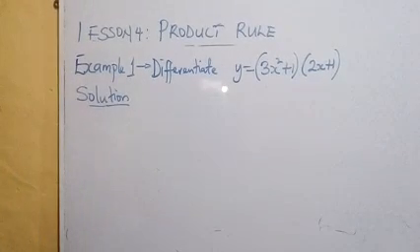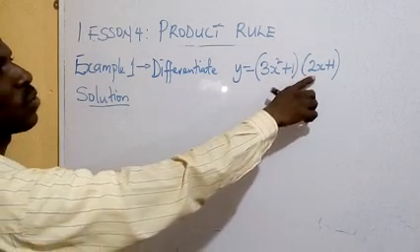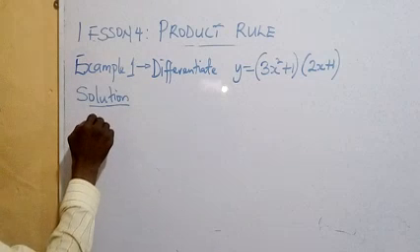All right, let's look at example 1. Differentiate y equals open bracket 3x squared plus 1 close bracket open bracket 2x plus 1 close bracket. Don't forget we are using the product rule. The first thing you need to do is to represent.